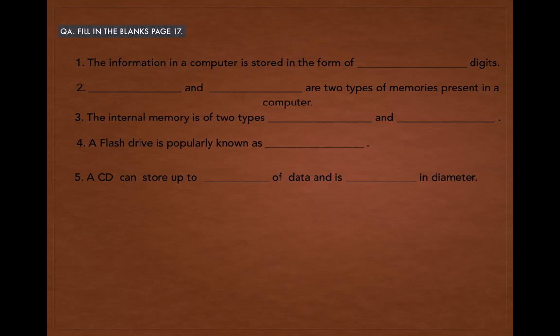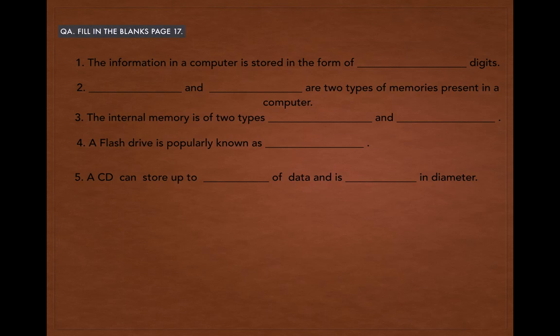Now let us write the answers. First, the information in a computer is stored in the form of binary digits, 0 and 1. Second, there are two types of memory, internal and external. Internal memory: RAM and ROM.